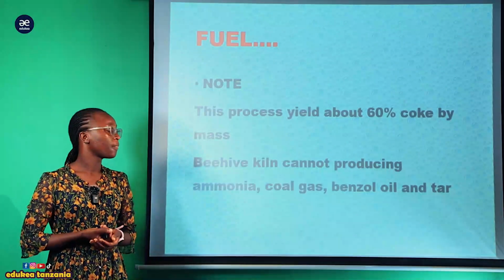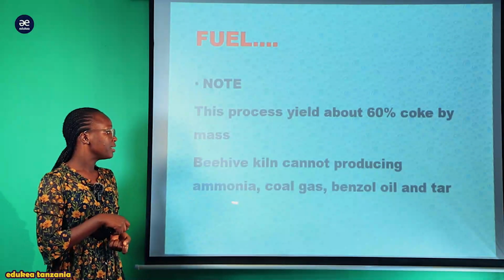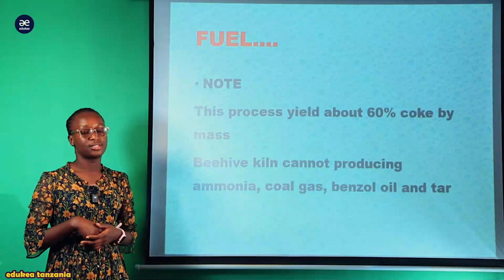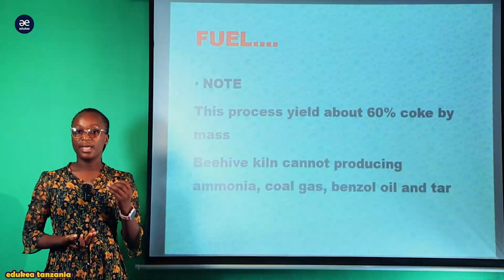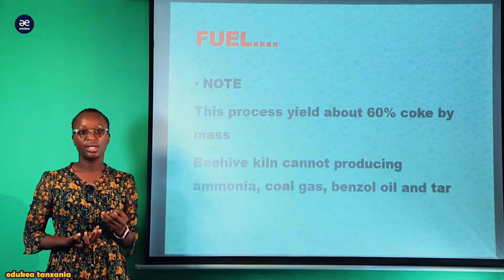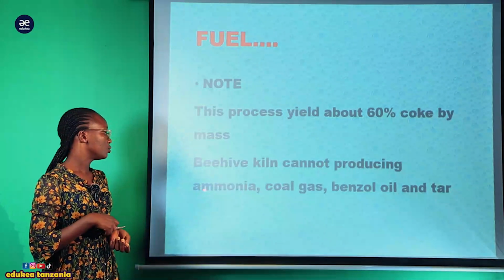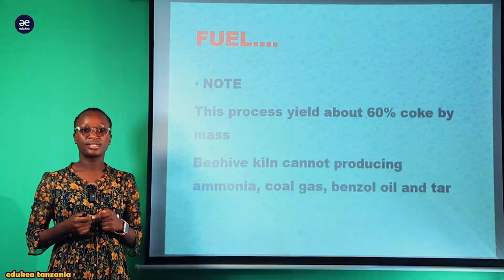So you can't apply the beehive kilns method in distilling the coal while you want to produce or to refine some of the gases like ammonia or coal gases, benzol, even tars. It's difficult.